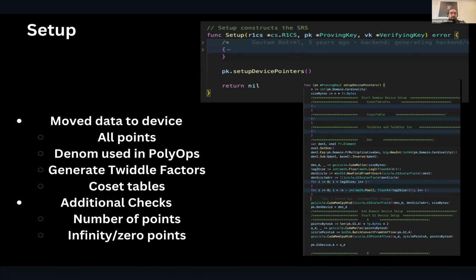So let's dive into what this integration actually looks like. First we have a setup phase. If you remember, we were speaking about copying memory from host to device.